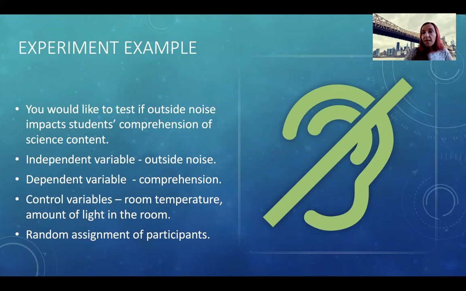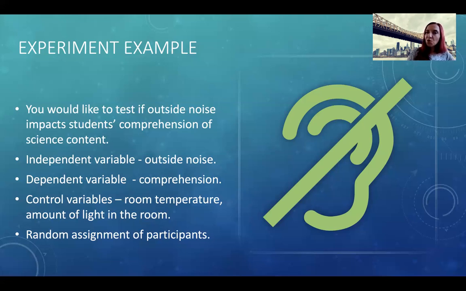In this case, what is the independent variable? It's the variable that we manipulate. So in this case, the variable that we manipulate is outside noise. In one group, there will be students who are not exposed to outside noise, and that group is what?